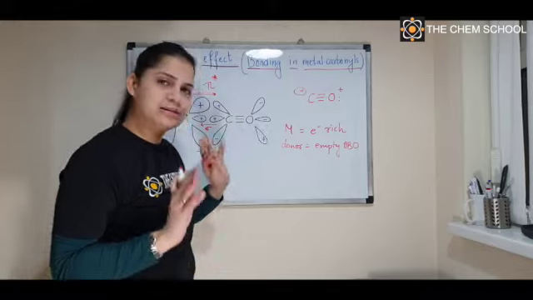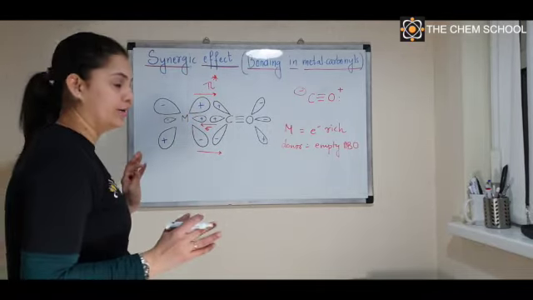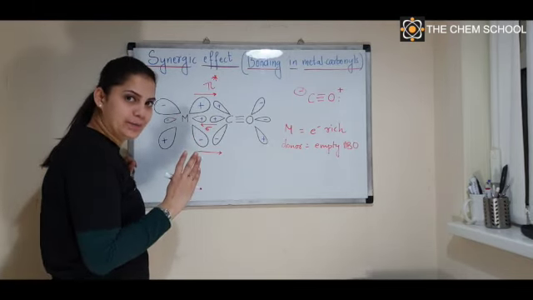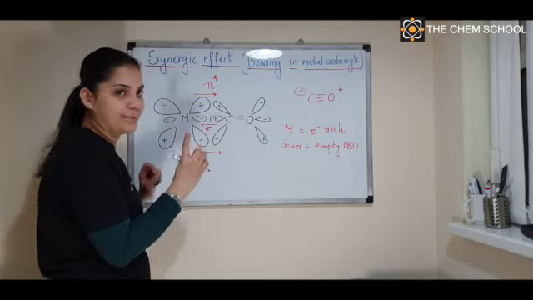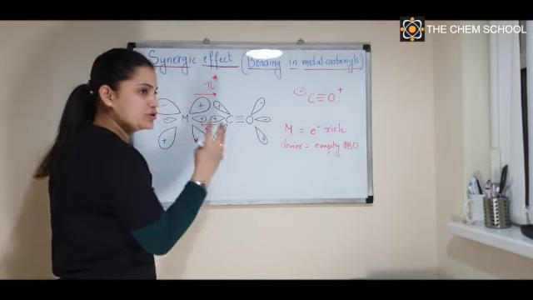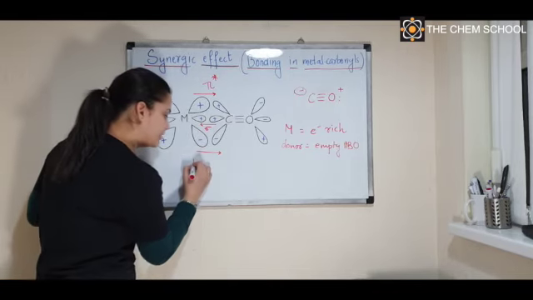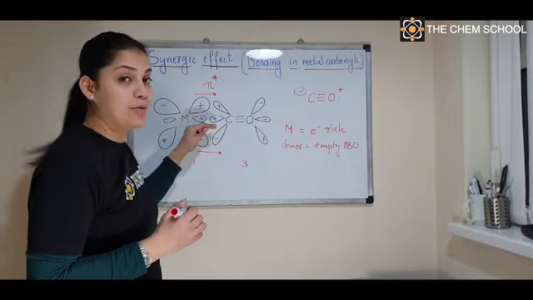Now, if this is true, then what will happen? Initially, if you check the bond order between metal and the carbon, there is usually one bond. So the bond order between metal and carbon is 1, and you can see that carbon and oxygen have 3 bonds, so the bond order is 3. So the bond orders are 1 and 3 when the sigma bond is formed.